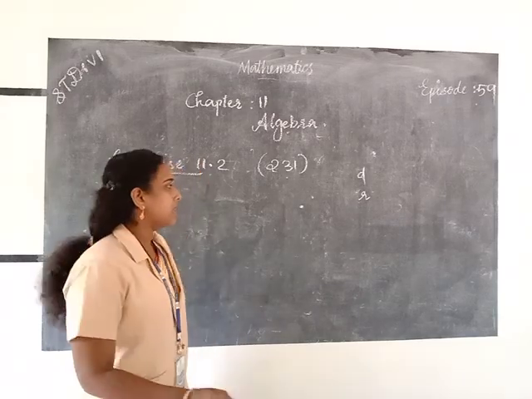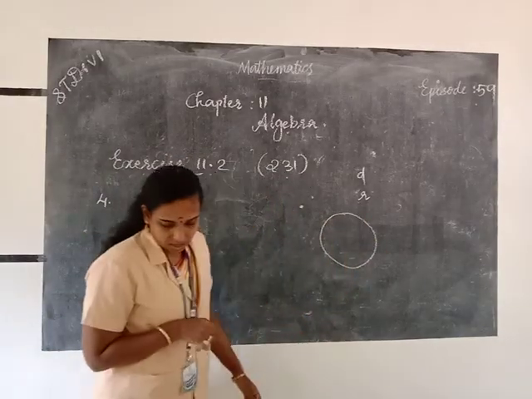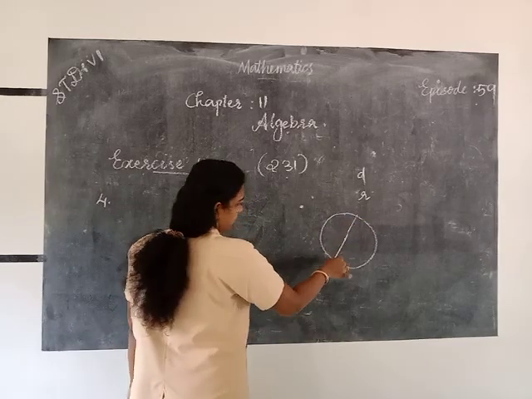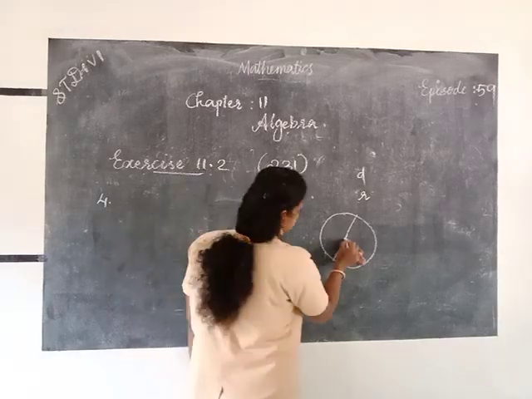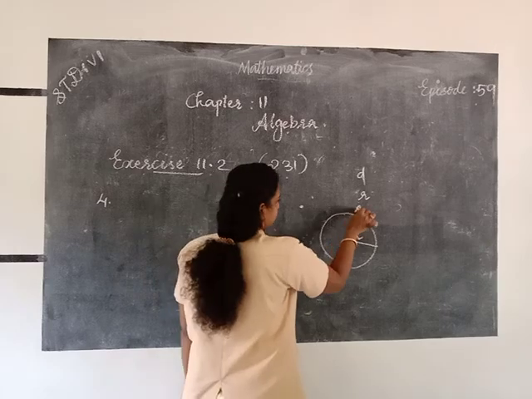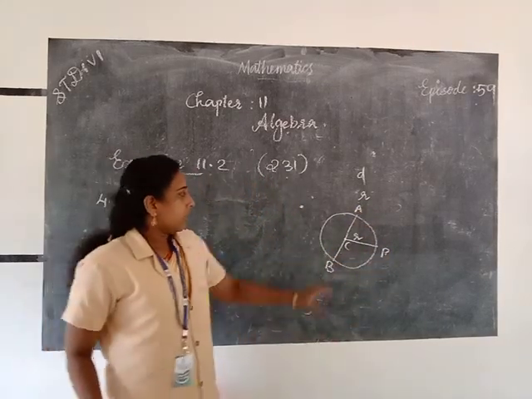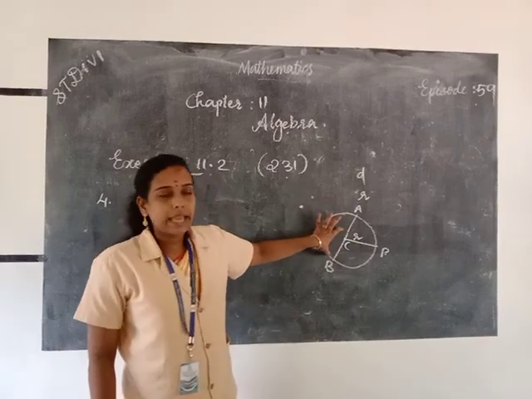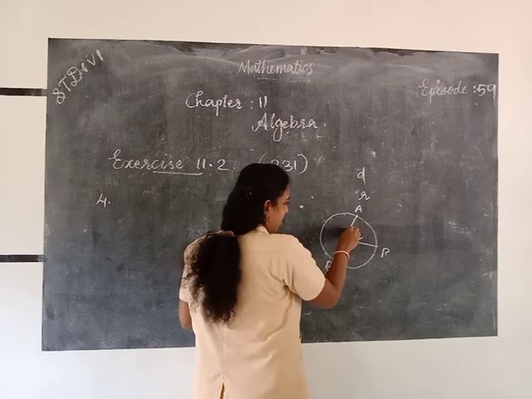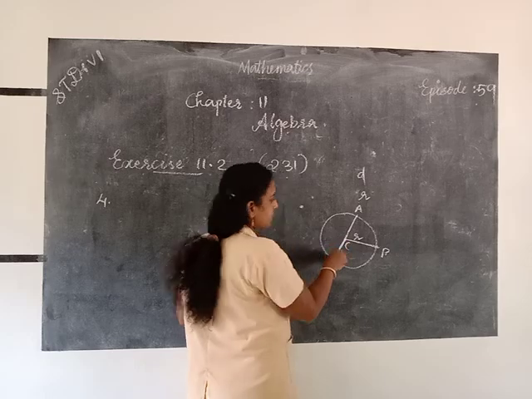So here the circle is given. AB is the diameter of this circle, and the diameter is the line joining any two points on the circle.